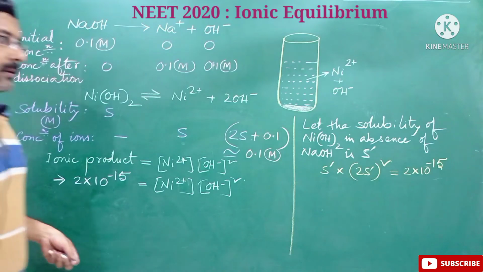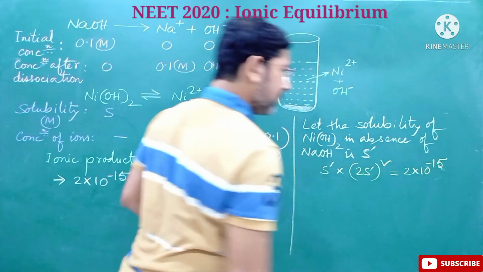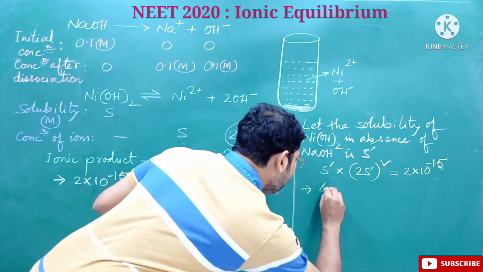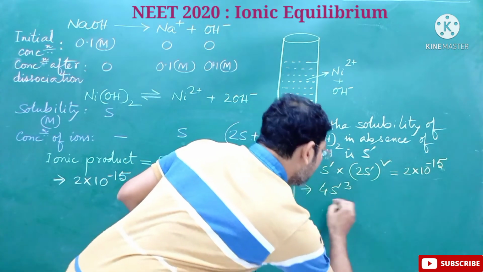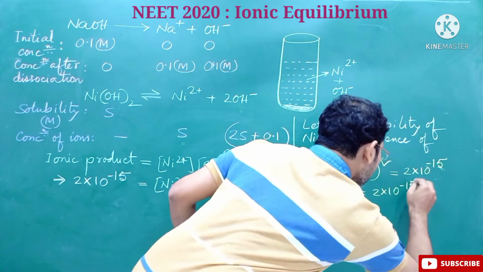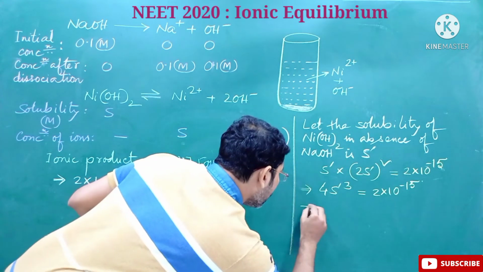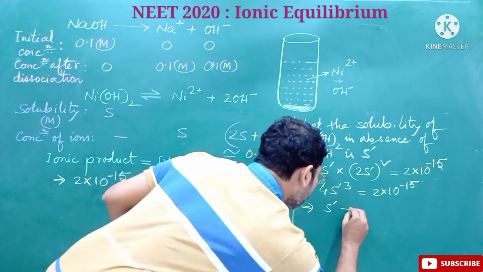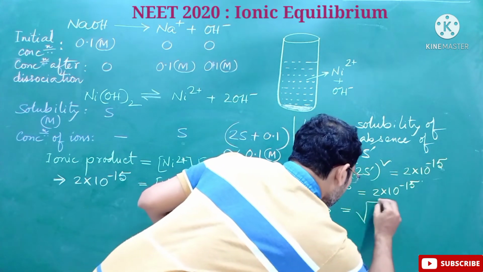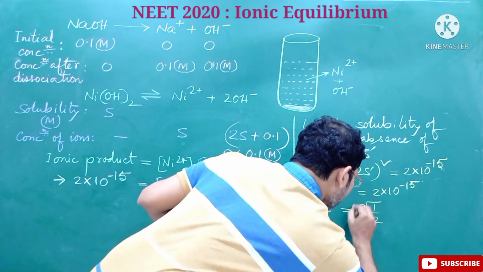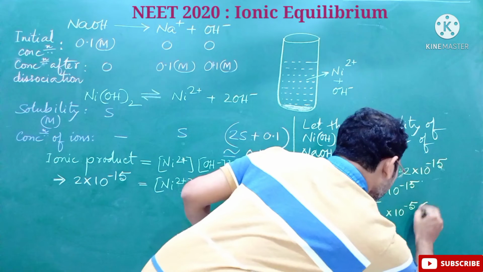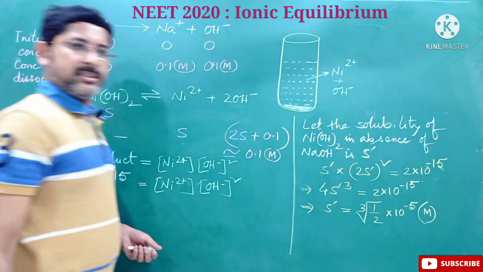This gives us 4S prime cube equal to 2 into 10 to the power minus 15. So S prime equals the cube root of half into 10 to the power minus 5, in molar.